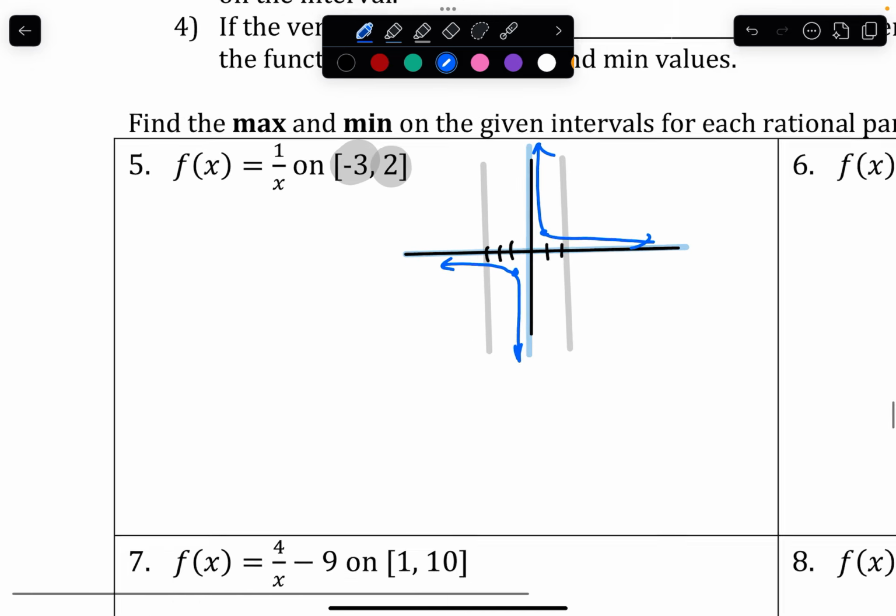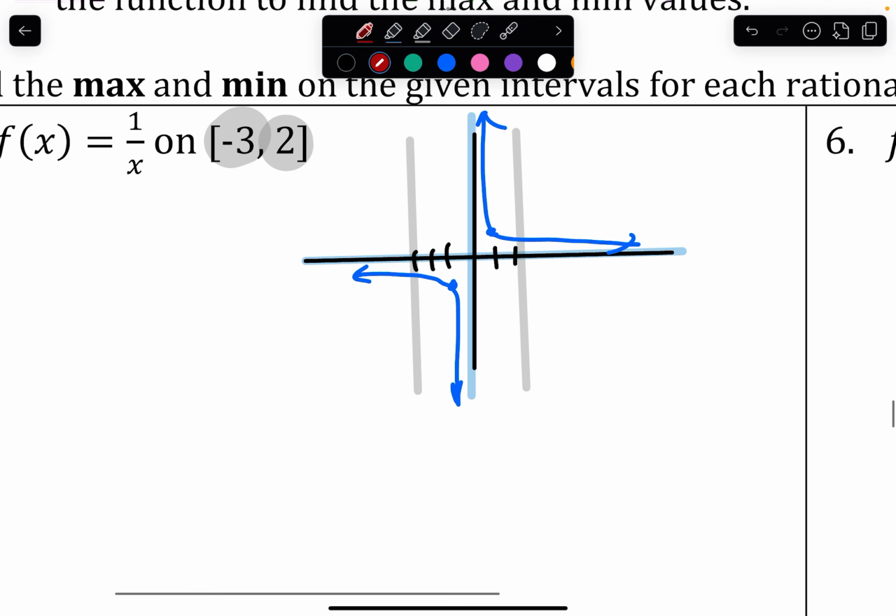Okay, and so if we're trying to find the max and min on this interval, there is not going to be a max because it's going to infinity in the middle of this interval. As it approaches the asymptote, it's going up to positive infinity. So there's no maximum. And then here, it's going down to negative infinity. And so there's not going to be a minimum.